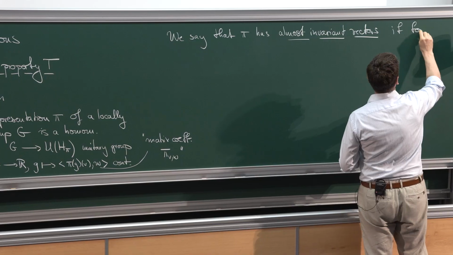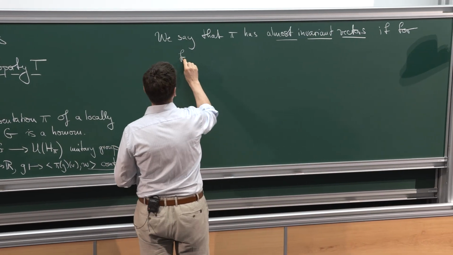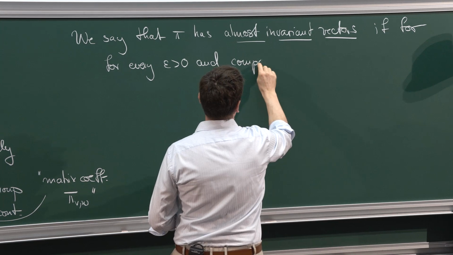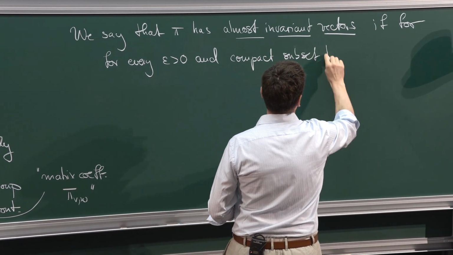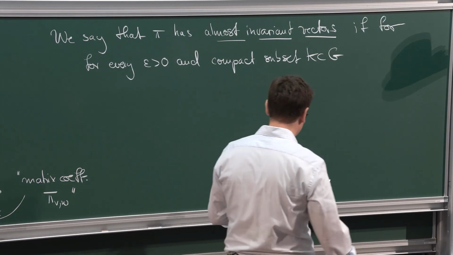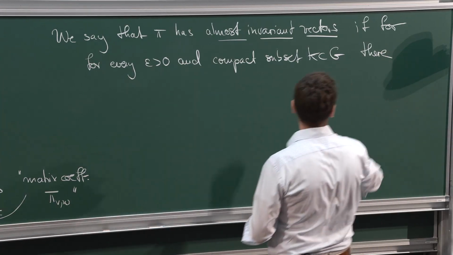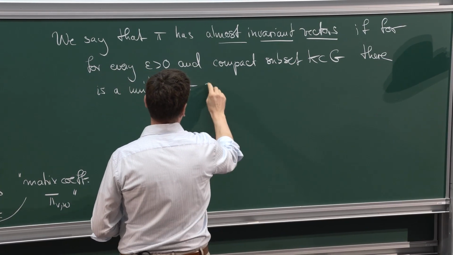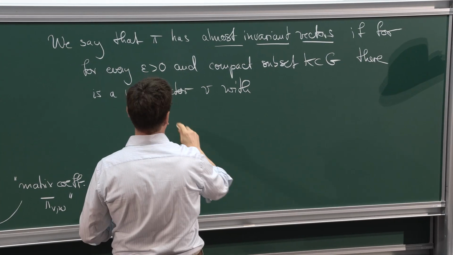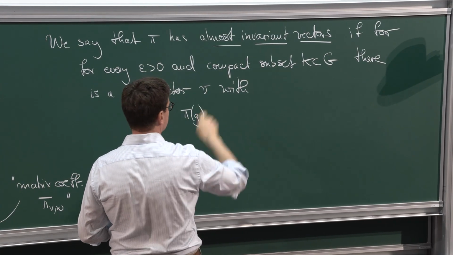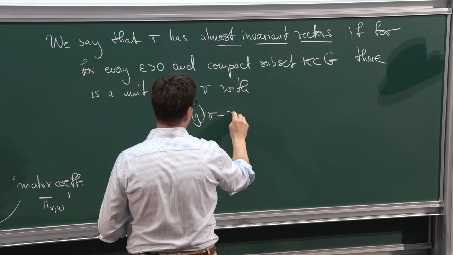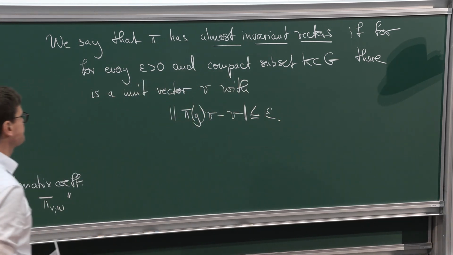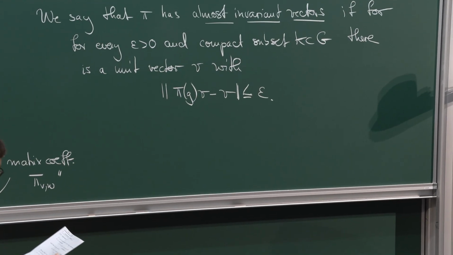So if for every epsilon and for every compact subset K in my group, there is a unit vector v such that it's almost invariant in the sense that if you apply some element in this K to this v and you measure how far it is from v, then it's at most epsilon. And v has norm 1 here.